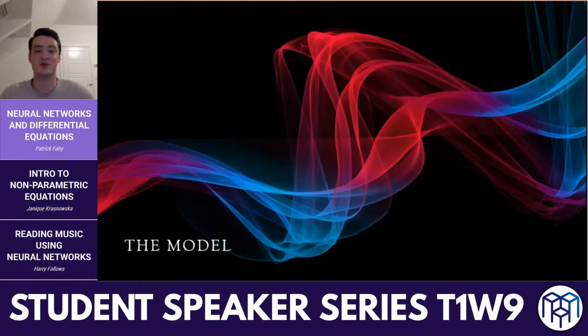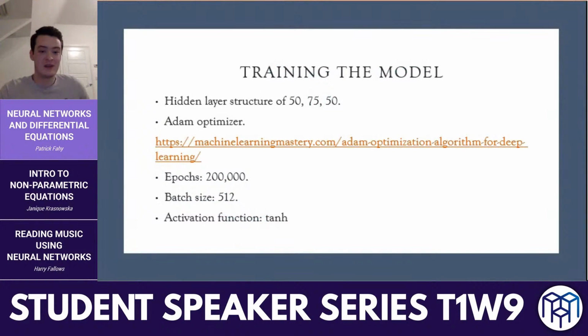So now we'll get on to talking about how we train the model and to see what kind of results we get. Next slide, please. So to those of you who haven't looked at neural networks much, this might not mean that much to you, but our hidden layer structure is just 50, 75, 50. So that's the layers in between the input and output layers, and we use an Adam optimizer, which is basically like an improved version of stochastic gradient descent.